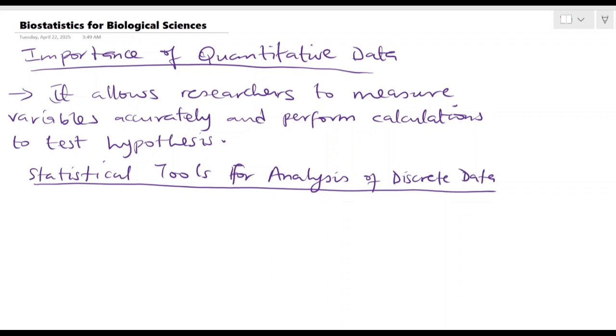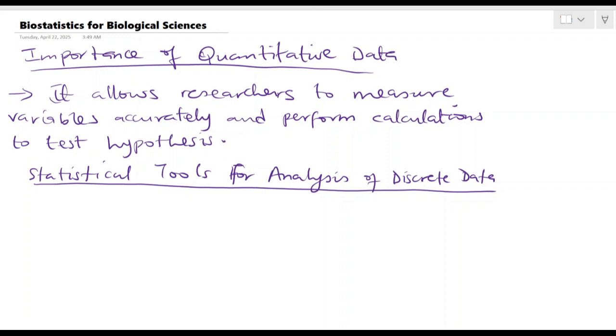Discrete data is often analyzed using things like frequency counts, bar charts, and the chi-square. So in case you are doing a research that has to do with discrete data, like number of patients, number of animals, things that cannot be divided or split into fractions, you use discrete data for such analysis.